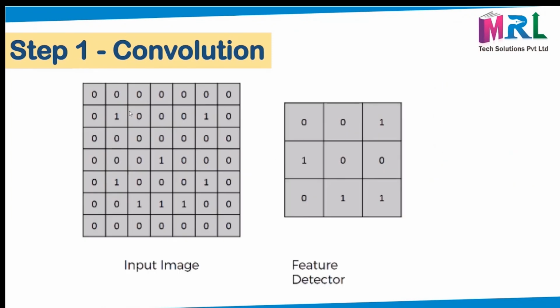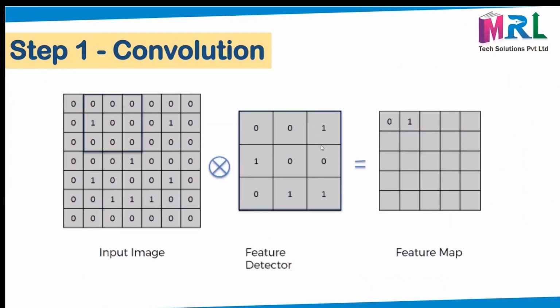Let's see how it is happening in my image. This is a smiley representation, that is my input image, and we have another function that is called the feature detector. This is one feature. Now we need to multiply these two. Convolution is nothing but multiplication.